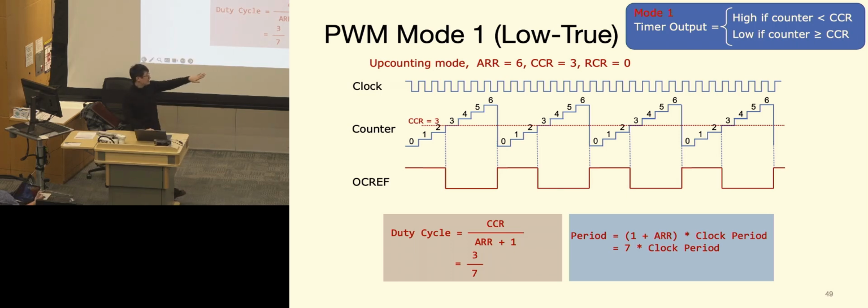We just set the period once, usually, and then let it run in the background. Any questions on this? So essentially, the counter and the compare and capture register work together. In this case, it's the compare mode. Any questions?